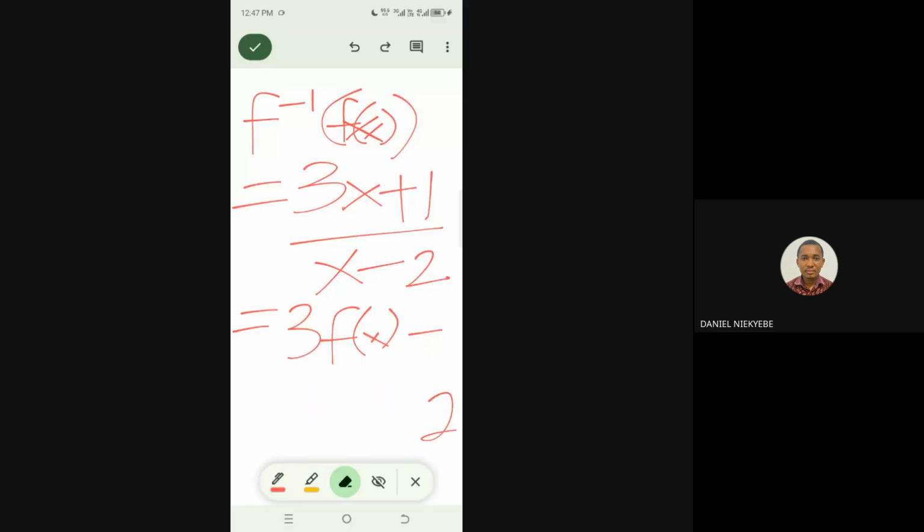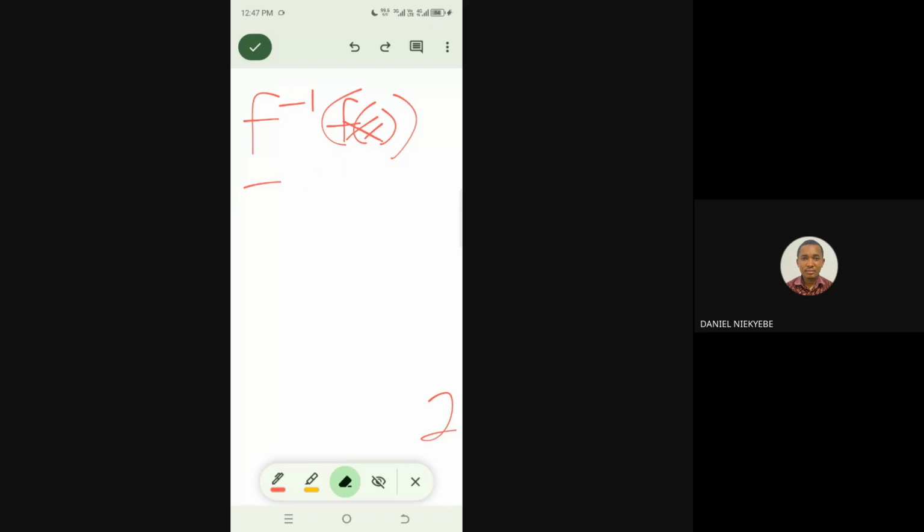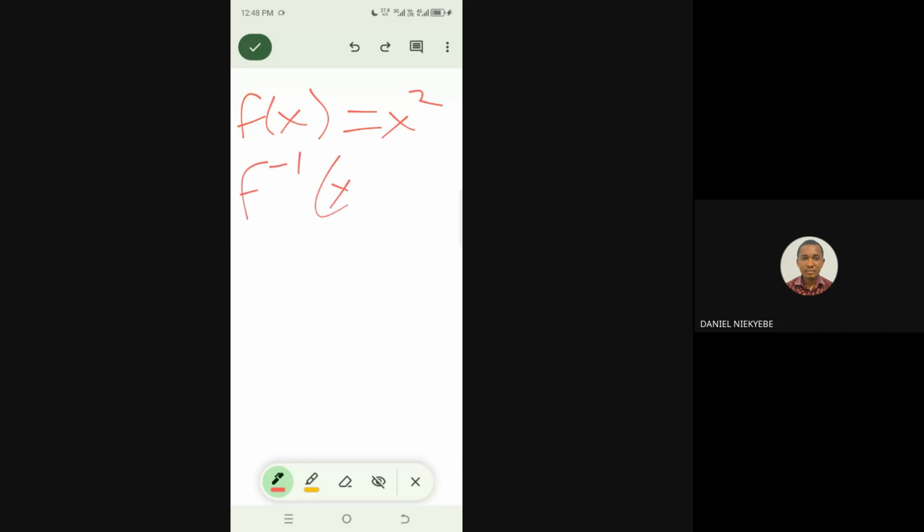If we are to find the derivative straight away, we know that f of x was x squared, and they gave us the inverse to be root x. We can straight away find the derivative.